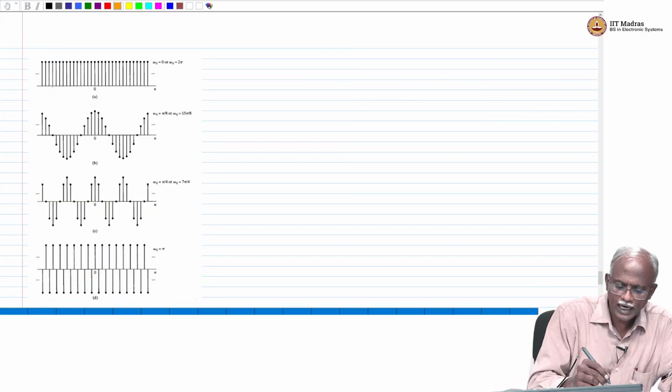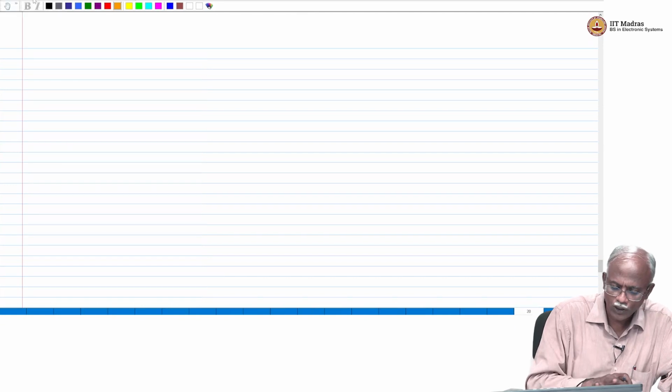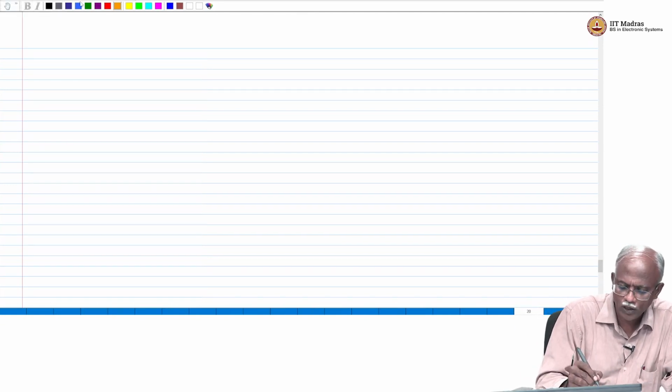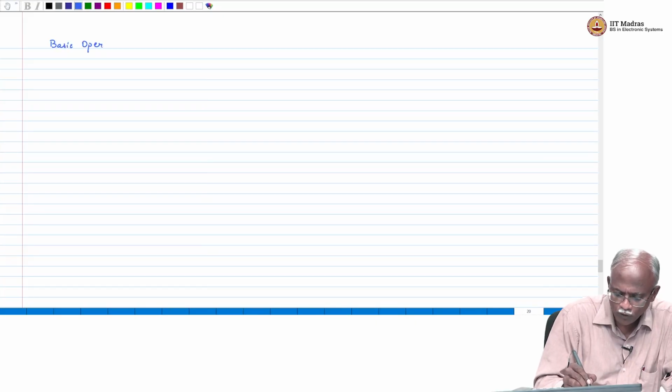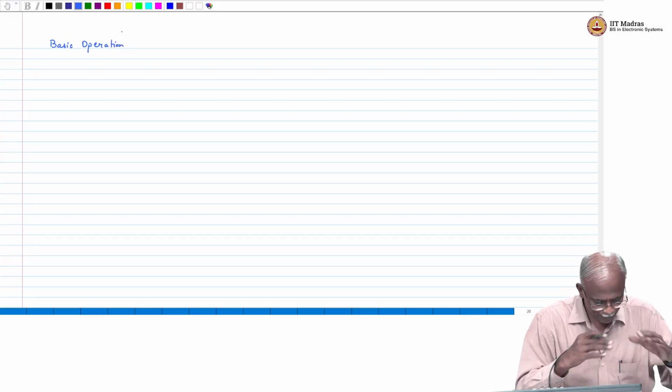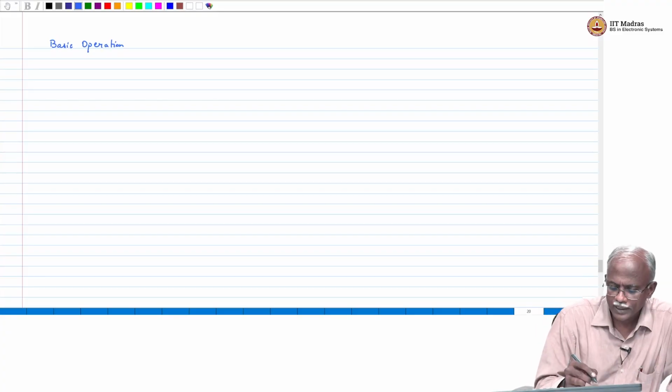What are some of the other basic operations of discrete time signals that we can look at? Some very interesting basic operations are there, very useful for you to know what the notation is and also be able to capture it in terms of simple calculations using these operations.